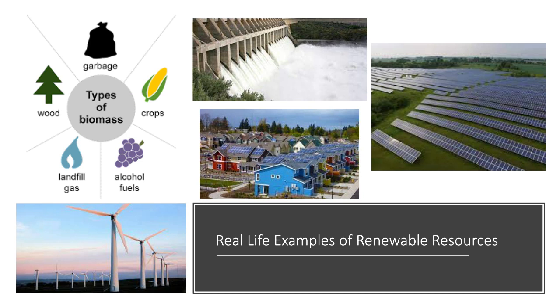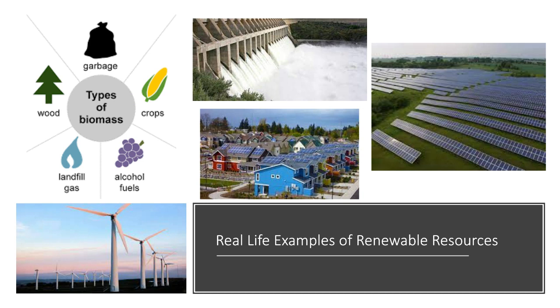I put in 2 pictures of solar panels. Basically, all of these sources are converting energy into electricity. So they're taking the sunlight's energy and turning it into electricity that we can be using inside of our homes.